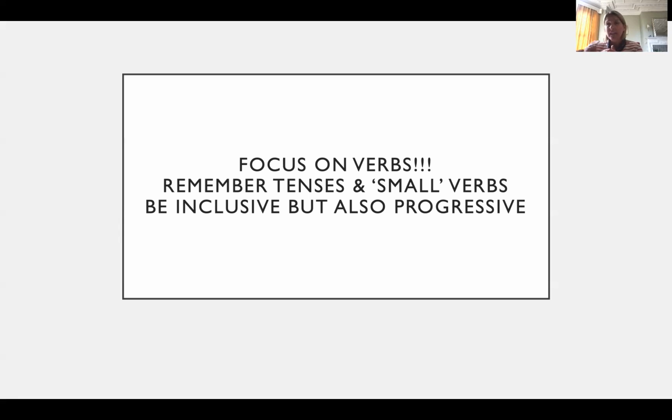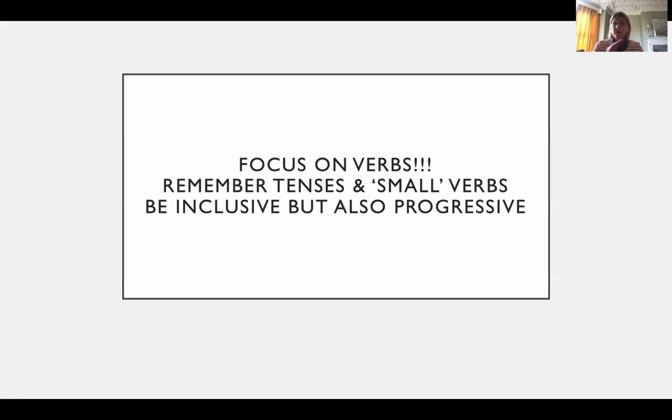But as children move on, if my nursery teacher is saying, "Oh, tell me," and I'm in reception always still only ever using the verb to tell, I need to be looking at that and thinking about the progressive element to my language. So if I am in reception and I've got a child who still needs work on really basic language skills, then fine.